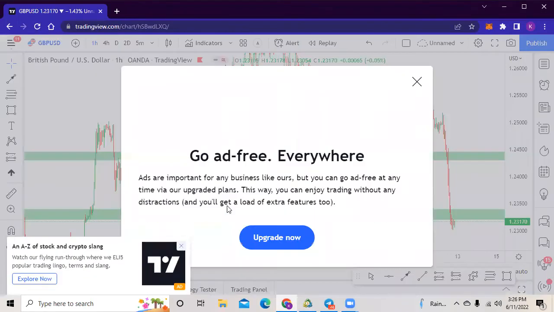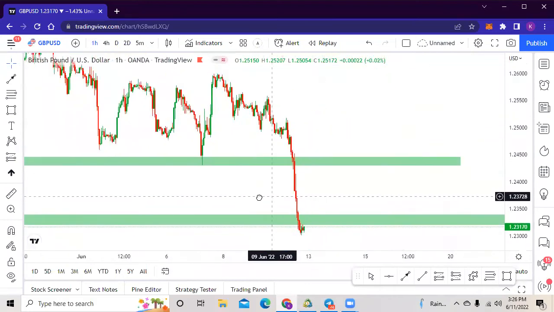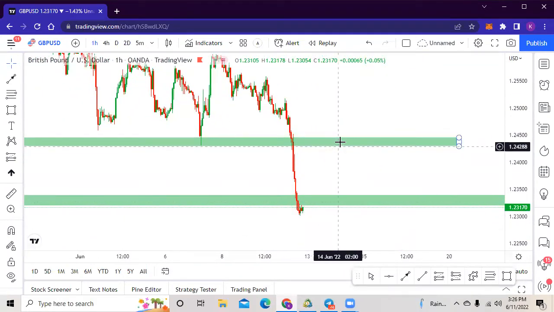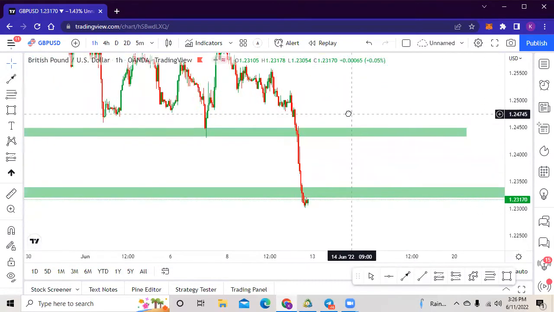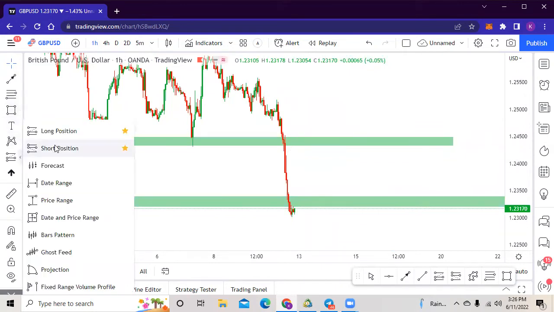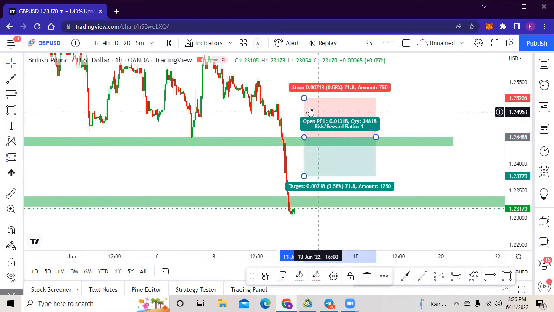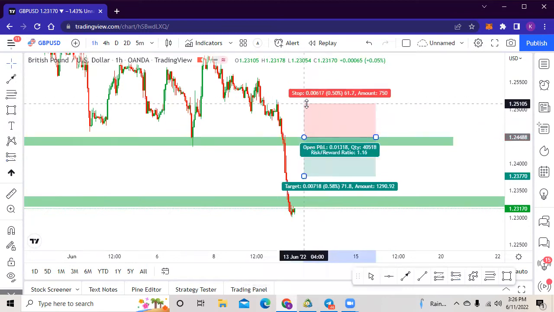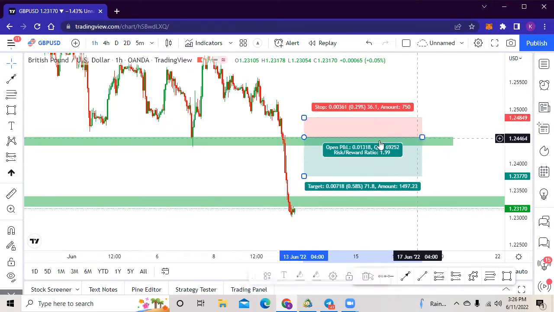So since we know we had a break of that level, what we're going to look at now is, okay, let's just wait for the retest of this level. Let's wait for price to pull back here. You can just set a sell limit right here. I'll put my stop loss right here.